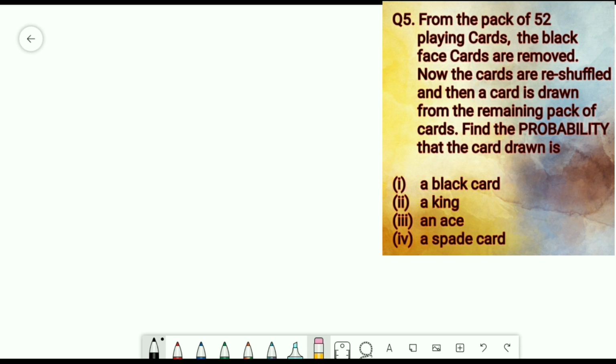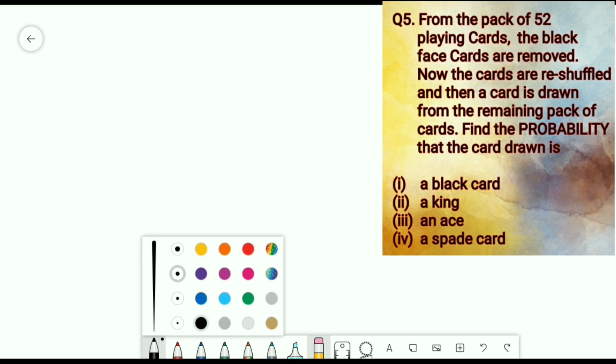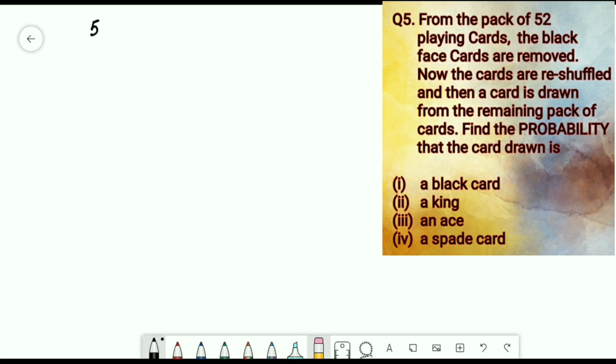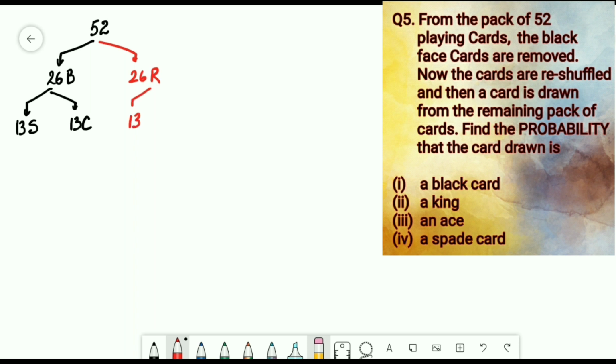So let's start from the very beginning. Okay, total 52 cards, out of which 26 black cards, and then we have 13 cards of spade and 13 cards of club, and in the 26 red cards, 13 cards of heart and 13 cards of diamond.